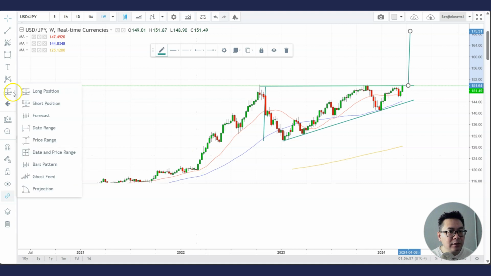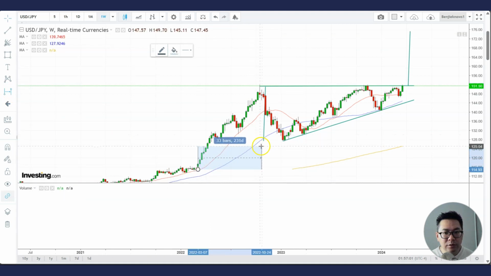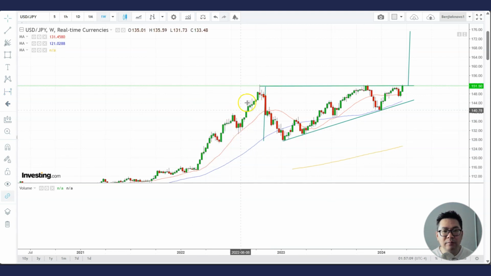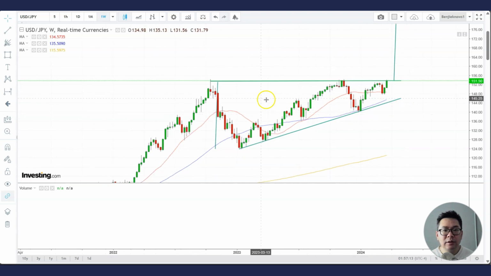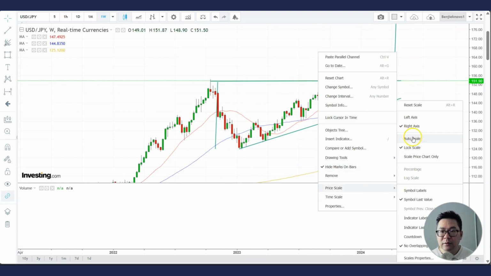Let me measure the date range. From here to here, that's about 245 days, 230 days. A short period of time compared to this long one. But if it's an ascending triangle on the weekly chart, the breakout is about to happen. Let me just get back to the price scale.